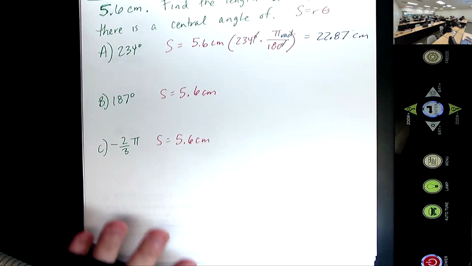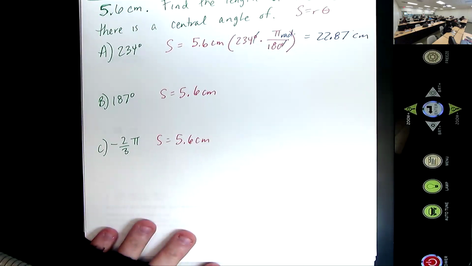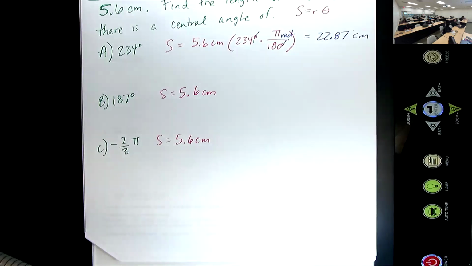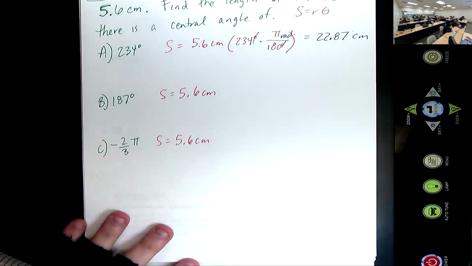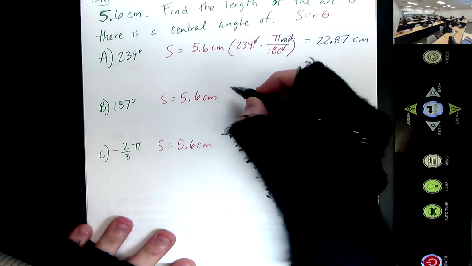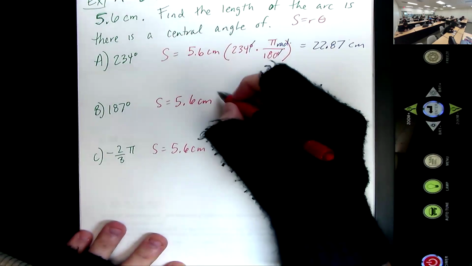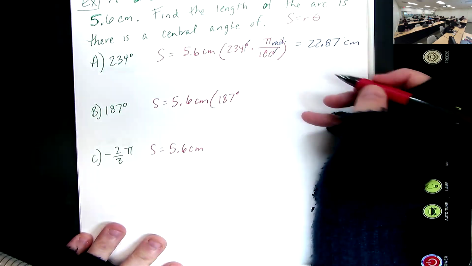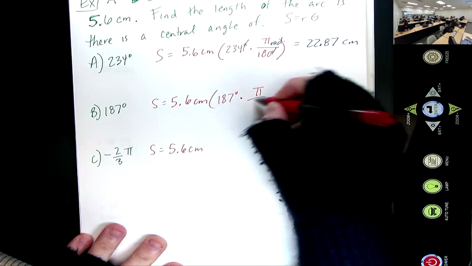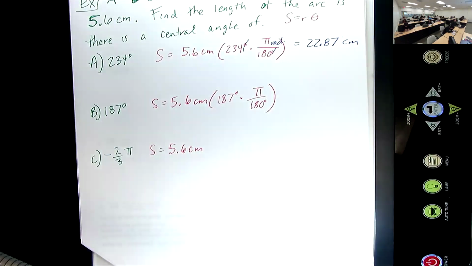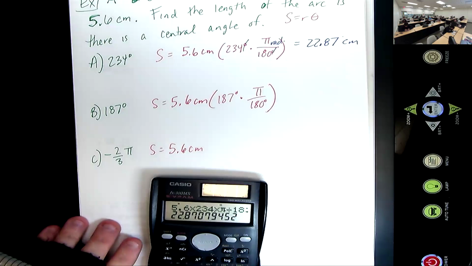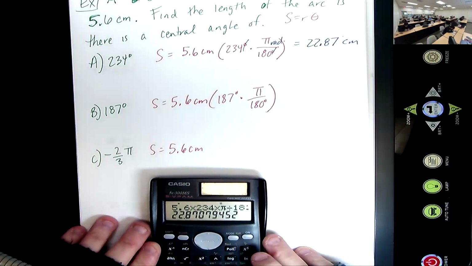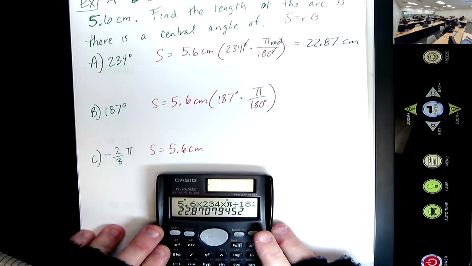Alright, what should I do for B? Someone tell me, same process, which means doing what? Converting to radians, because it's not radians. Okay. So tell me what you write down. 187 degrees times pi over 180 again. Yep. So actually, this is fun. If you already have the old one in there, the only thing that's different is the 234 and 187.